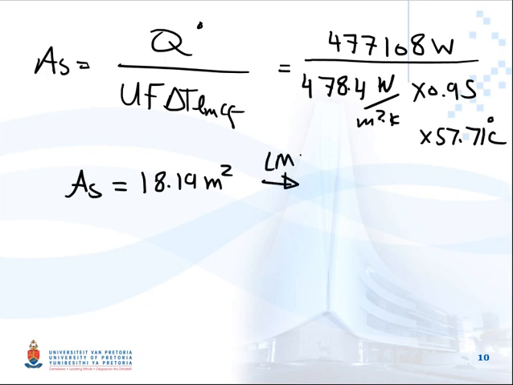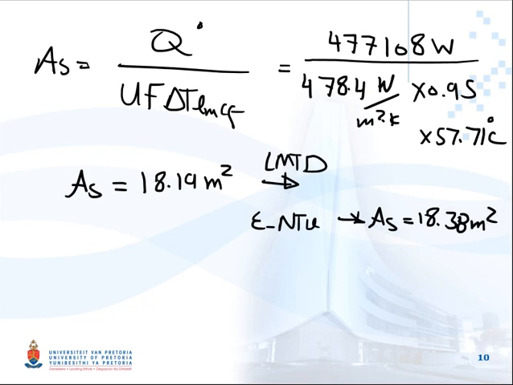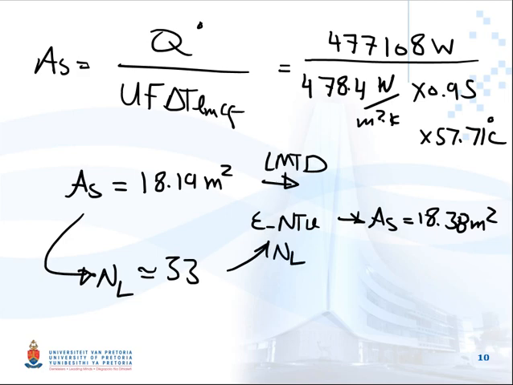This is the LMTD method, and if you remember from the Epsilon NTU, AS was 18.38, sorry. Very close numbers, and if we find the number of rows, we can get to 33. So it's exactly the same as the Epsilon NTU values for NL that we calculated in our last lecture.